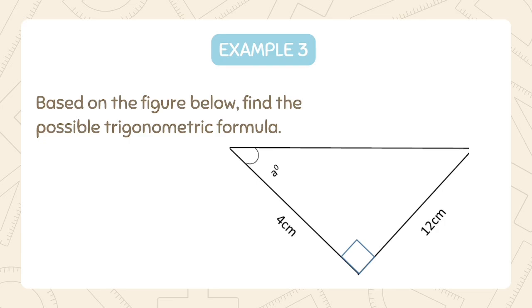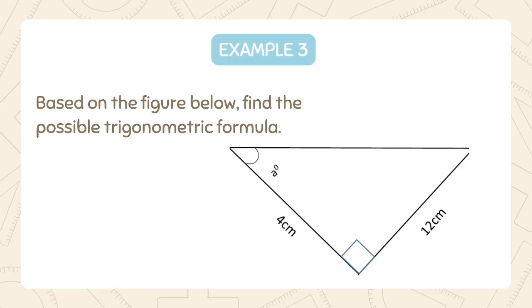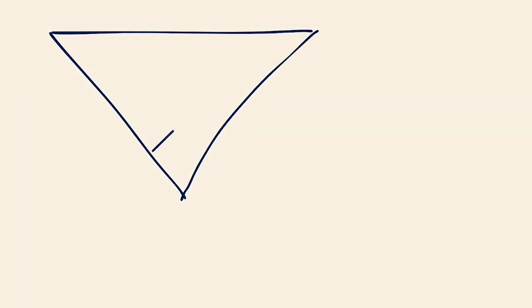So the next question is this. Let's redraw. So you have 4 and 12, then A. Your right angle is meant to be here. Then this is 4 cm.